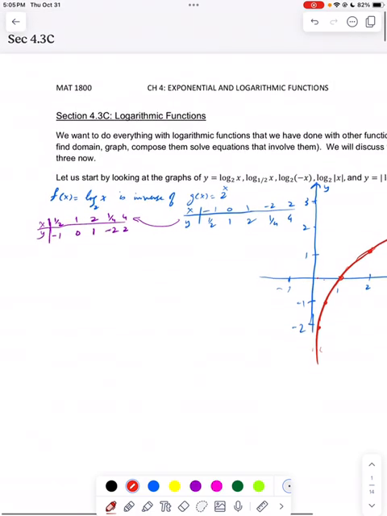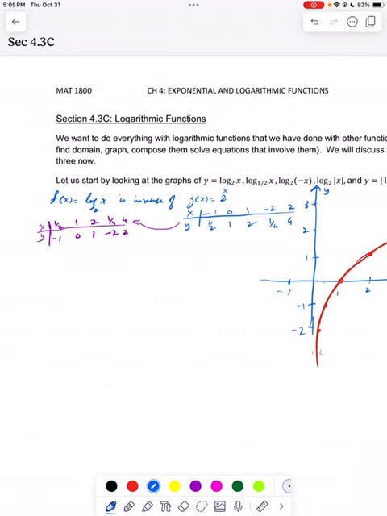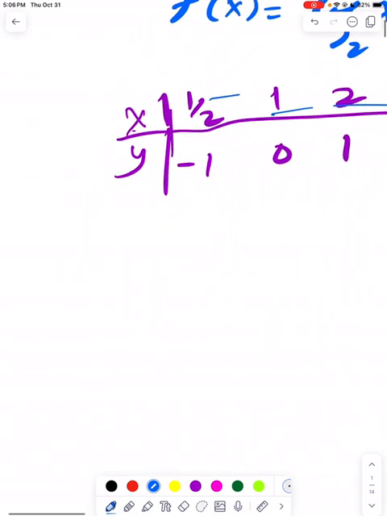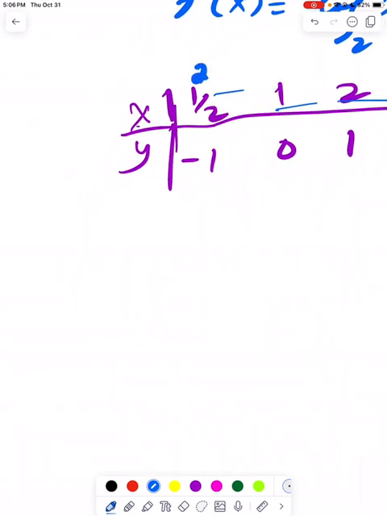Now note here that instead of going from the exponential function to make the table for the logarithmic function, we don't have to do that. If you look at the x values here, we get these by changing the powers on 2. In this case, this is 2 to the negative 1, so the power is negative 1.